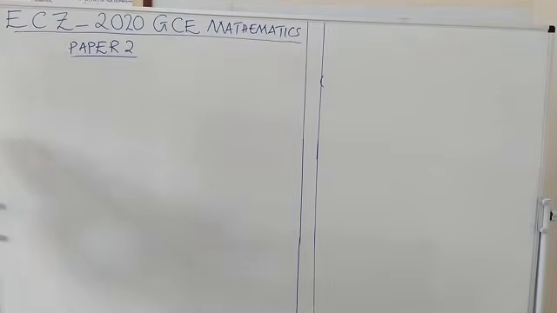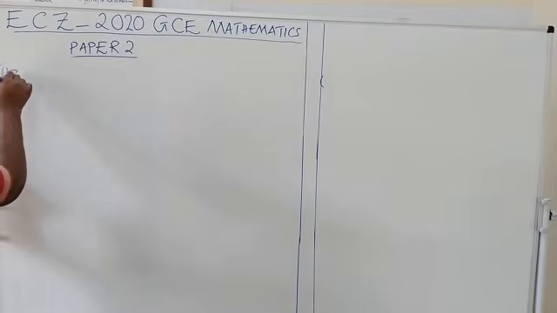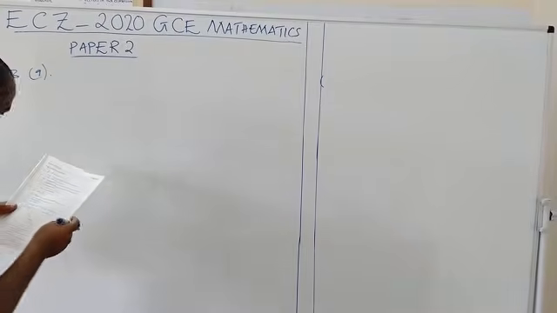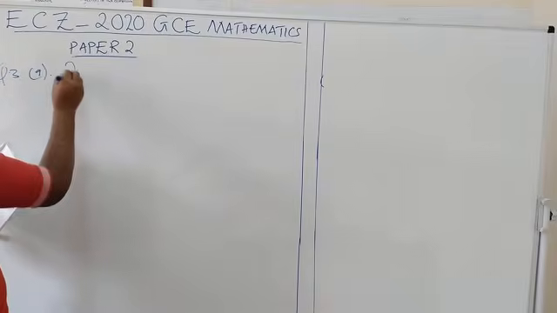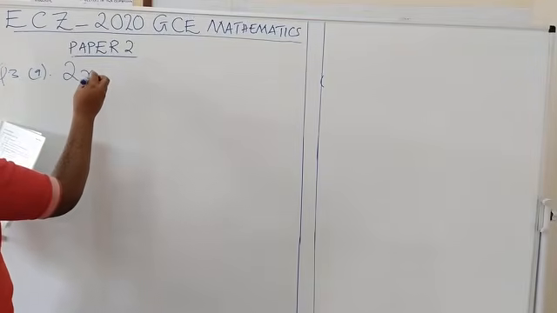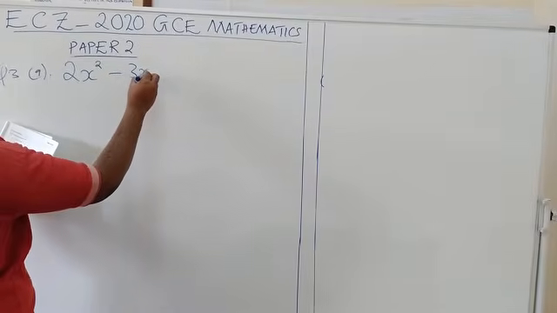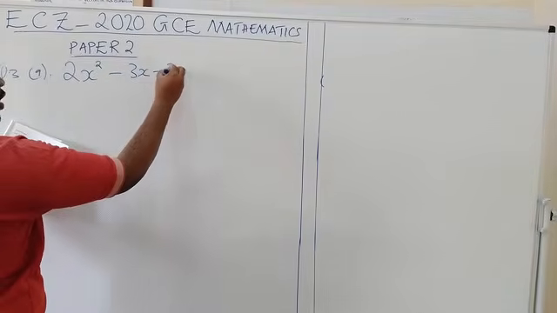Okay, so the first question under question 3, or let me say question 3a, right? We are asked to solve the equation 2x to the power 2 minus 3x minus 7 equals 0.